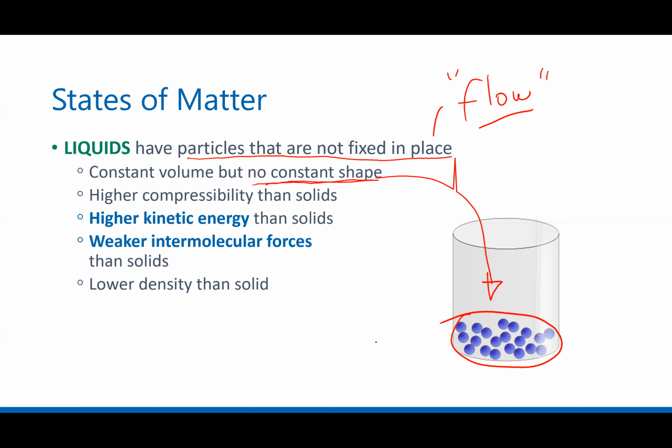And I know you might be thinking, well, if I pour sugar or salt, it takes the shape of the container. That's only because the salt or sugar has been squished or mushed into little tiny crystals. But there are still gaps in between those crystals. They don't actually completely fill that container that you're pouring it in. And again, an easier way to think about the difference is something bigger than sugar.